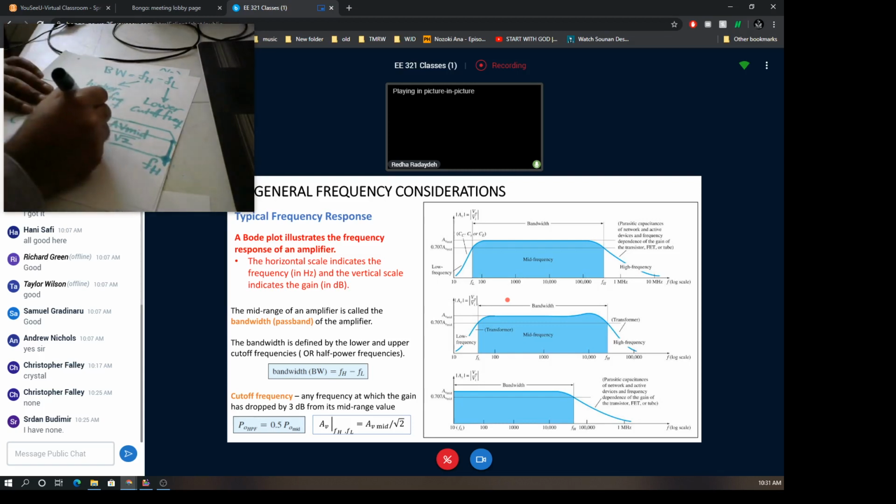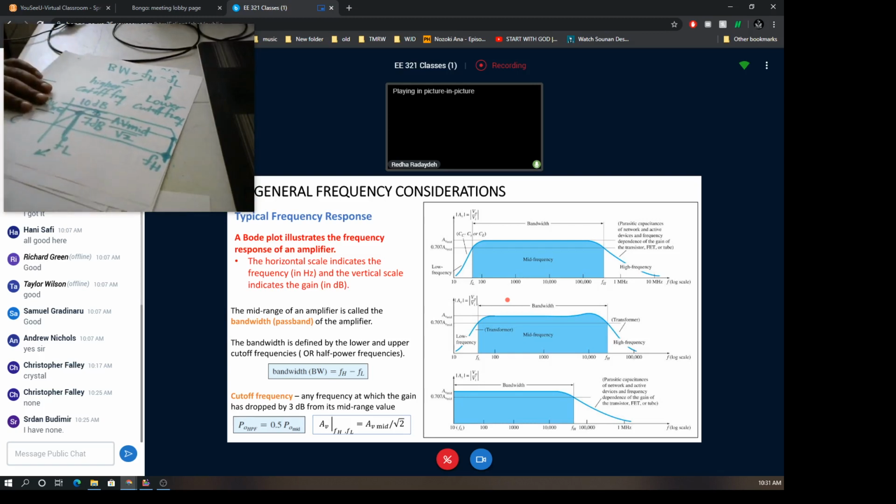There is a 3 dB difference between these two. Any questions?